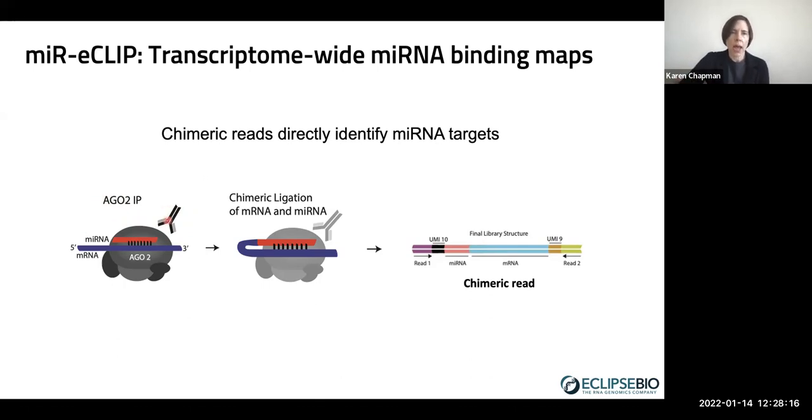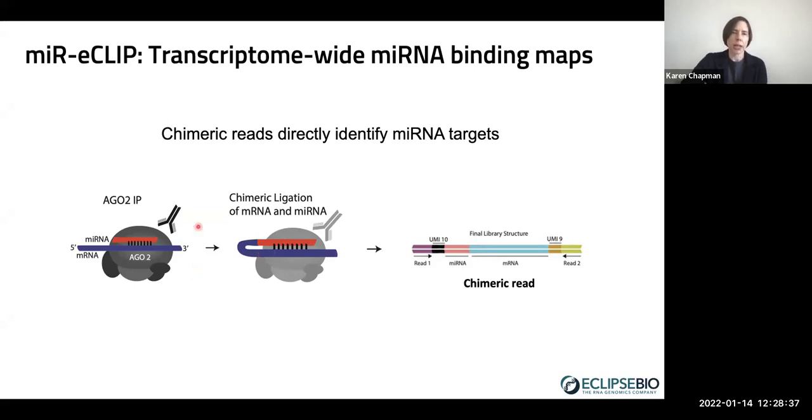And so that complex there is IP'd. And then there's a ligation step in vitro. So ligase is added, and this is basically a proximity-based ligation that ligates the microRNA literally to its mRNA target.